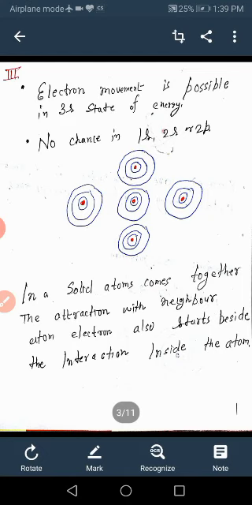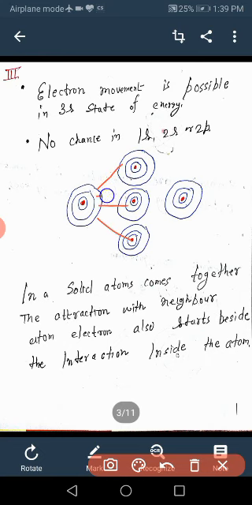In a solid, atoms come together, and the attraction with neighbor atoms' electrons also starts. The attraction between these atoms, this and this, will have an interaction with everyone. Similarly for this, similarly for this. So the energy level changes.